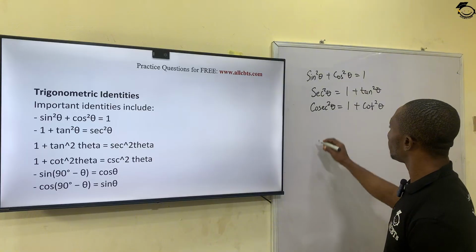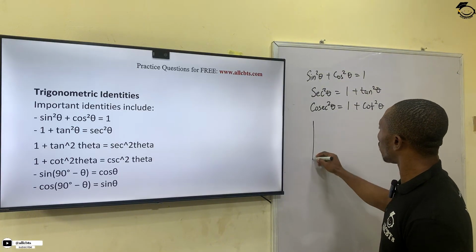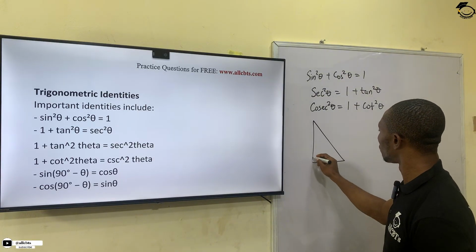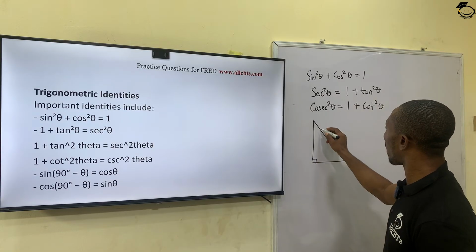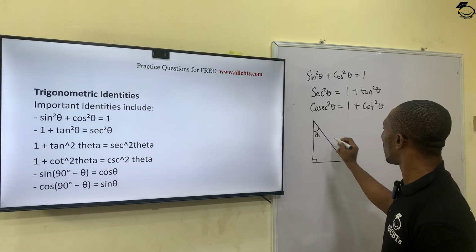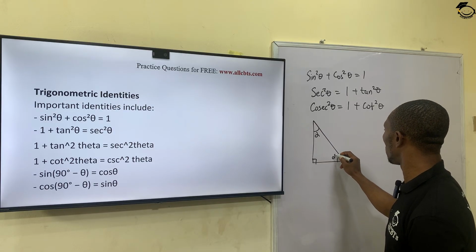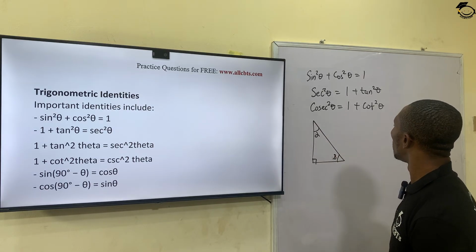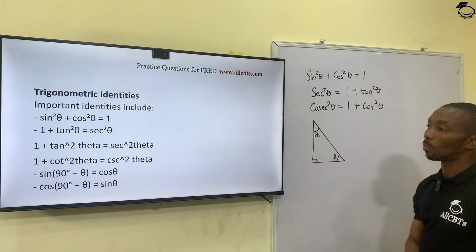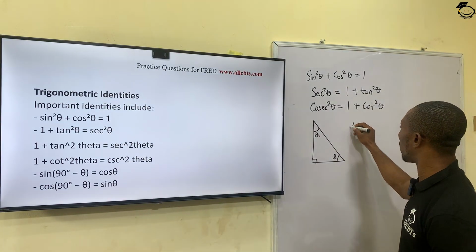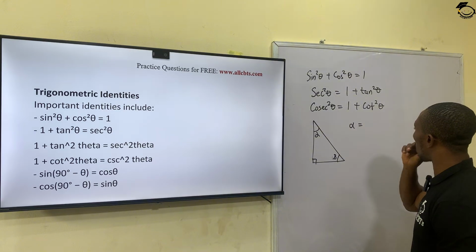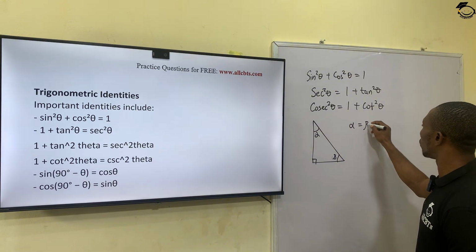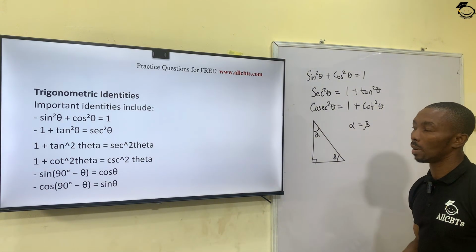And in your right angle triangle, when you have angle alpha and angle beta, it is also important to always remember that your angle alpha is complementary to angle beta. Now, what do we mean by that?